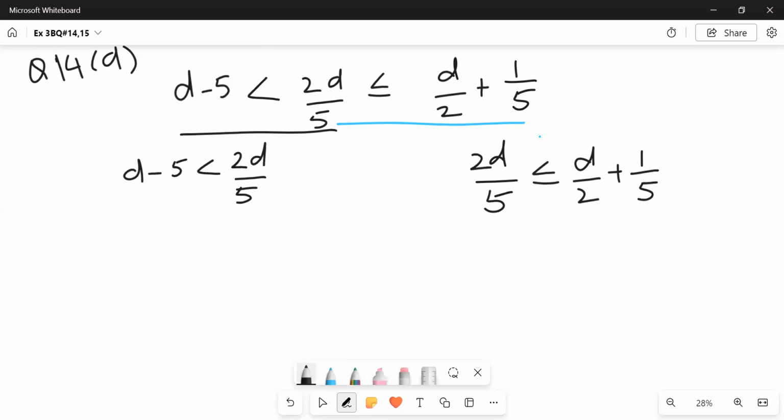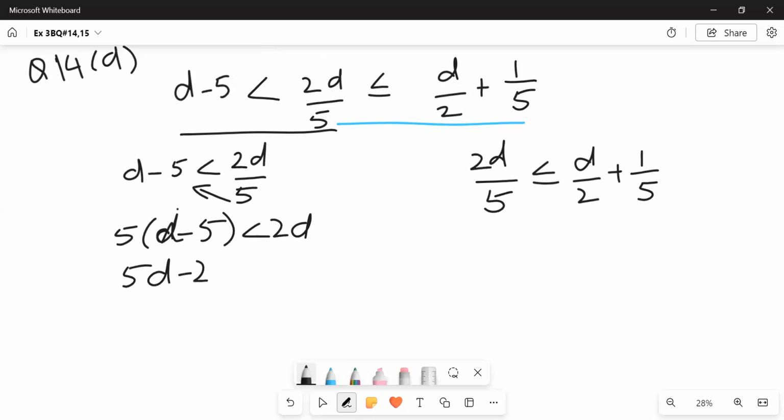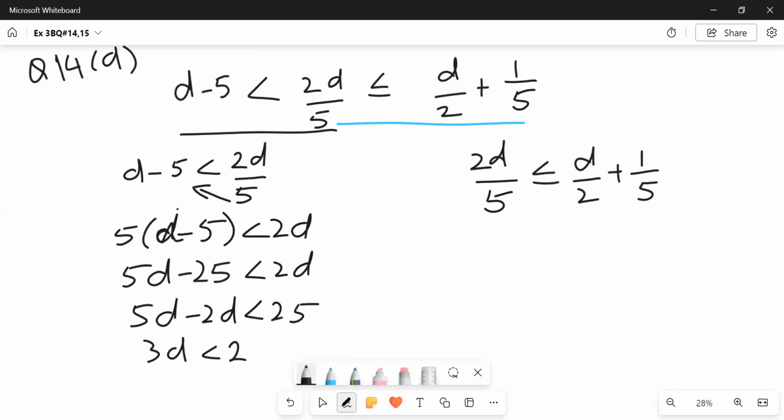Now we can cross multiply this 5 to this side and it will be D minus 5 lesser than 2D. So it is 5D minus 25 lesser than 2D. 5D minus 2D and shift this 25 to the other side. So it will be 3D lesser than 25.